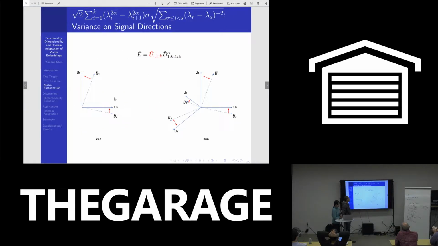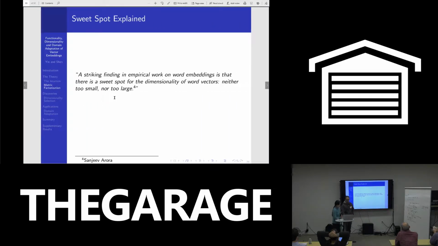And because of this bias-variance decomposition of the PIP loss, we're able to explain the sweet spot phenomenon that was discovered empirically by other people, as you have seen at the beginning of the talk. When the dimensionality is too small, we have a high bias. When the dimensionality is too large, we have a high variance.